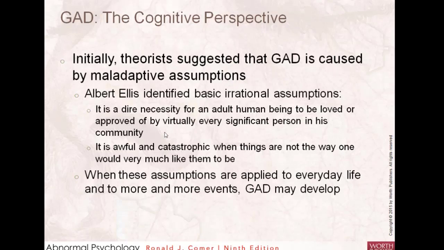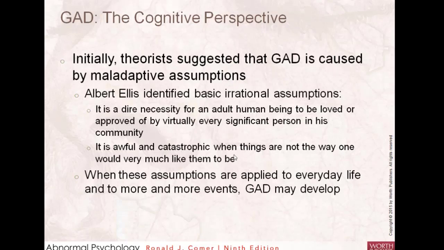Now, it is really irrational to assume that every person in your life has to adore you or else there's something wrong with you. But imagine that you were that person. Imagine that you were always constantly feeling like you had to be perfect because you needed to make everybody happy. There is no way to make everybody happy, but that would create a lot of anxiety.